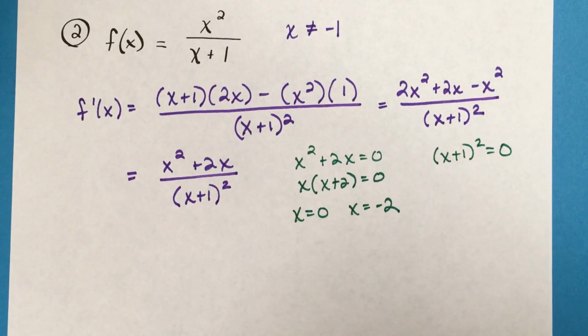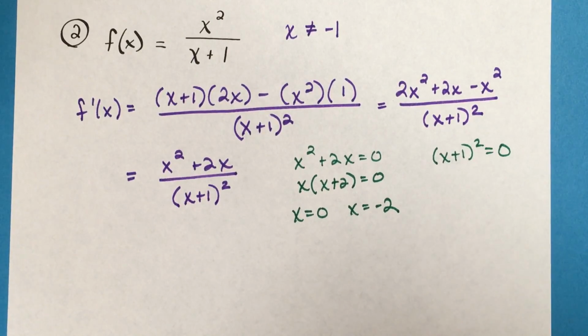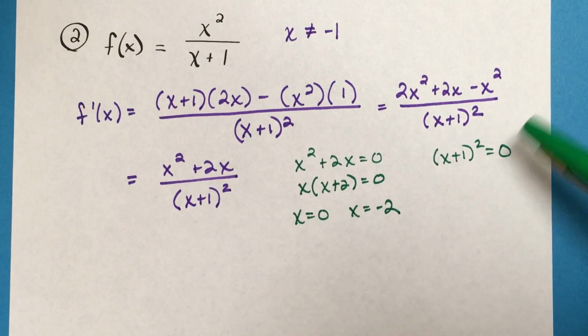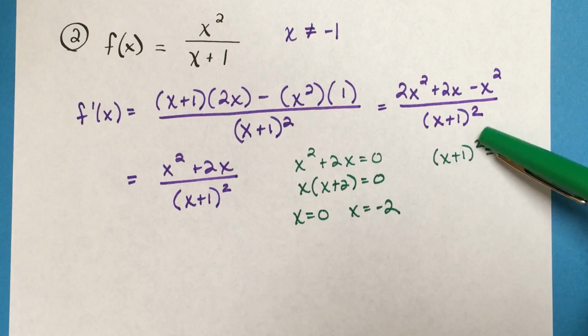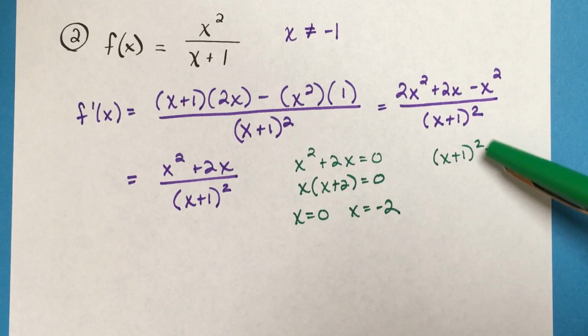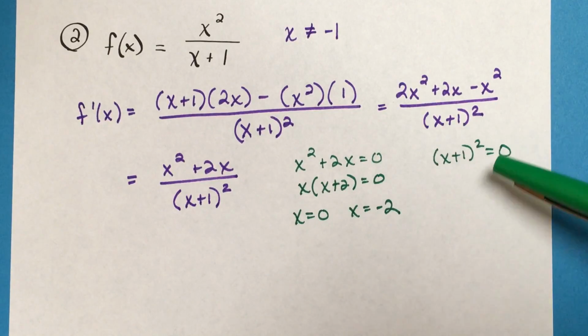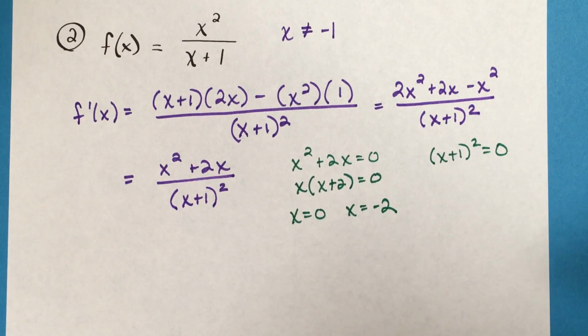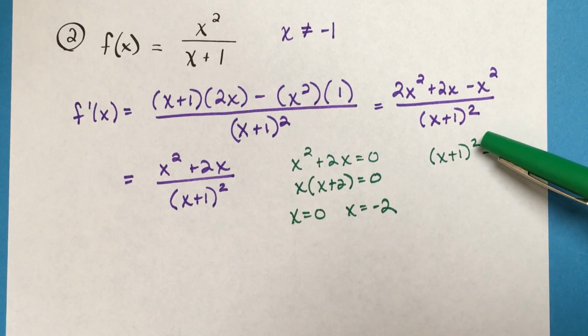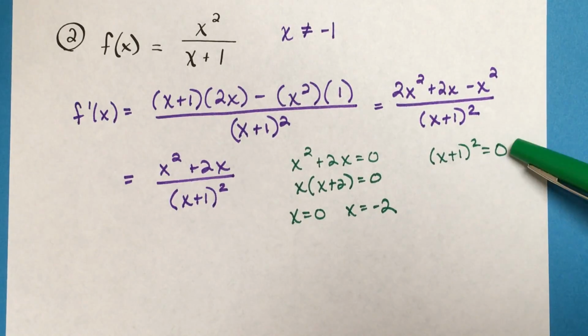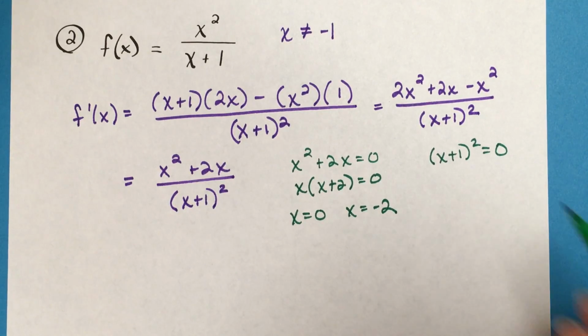And I went ahead and left this to the second power, but actually, you would not have to even worry about the second power to solve this or to find out what makes this undefined. You would actually only have to worry about just the x plus 1, because the fact that this is equal to 0, your first step would be to take the square root of both sides, but the square root of 0 is still just going to be 0.